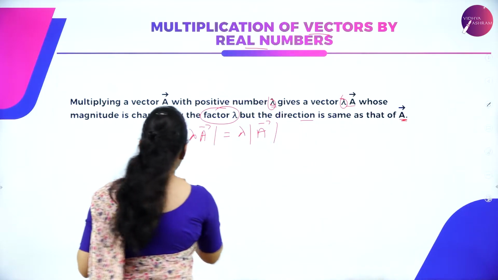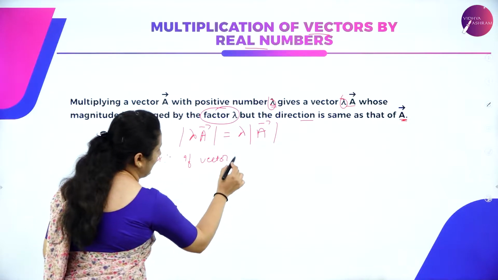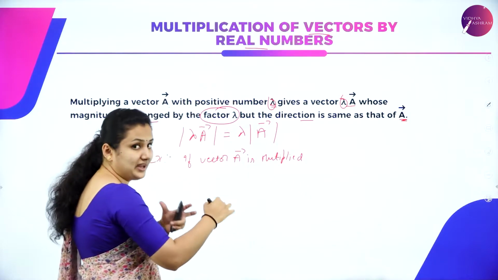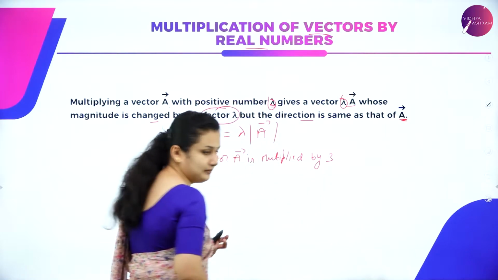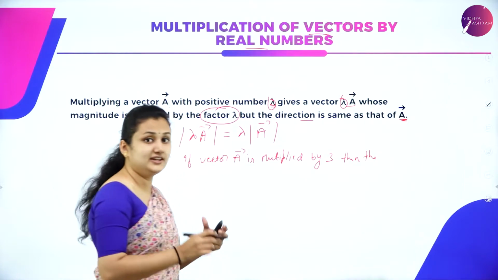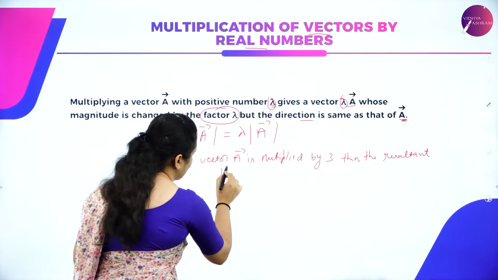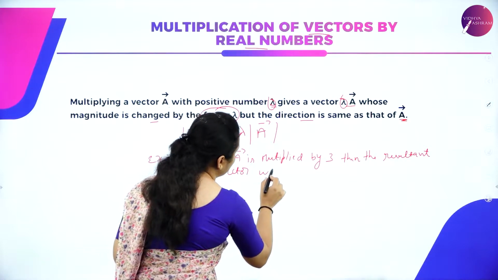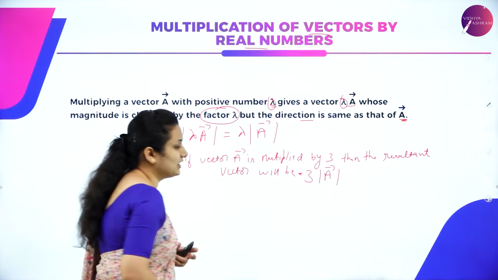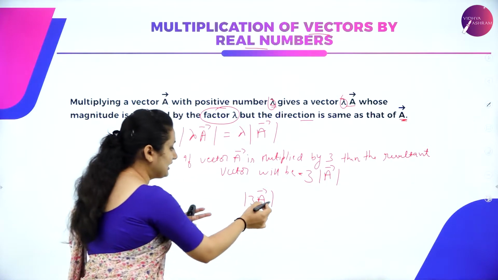For example, if vector A is multiplied by a real number 3, then the resultant vector, the new vector which you get, will be 3 times the vector A. For example, you have a vector A, multiplied by a real positive number 3.